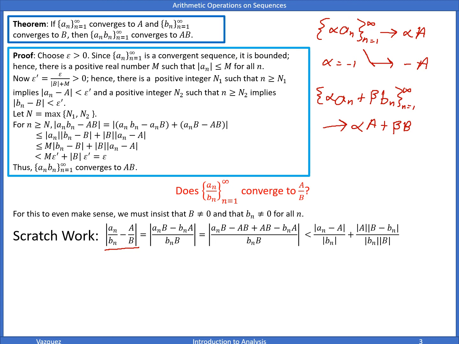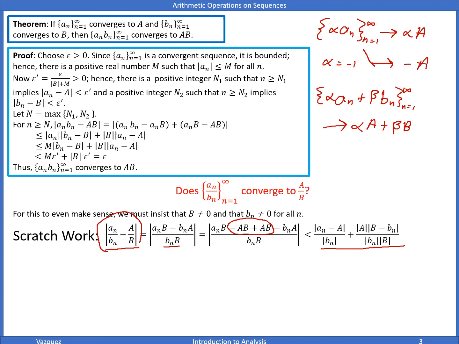Because if it were to converge, then this is what we have here. Well, what does that equal? Well, we're just going to subtract them with the same common denominator. That's equal to that. And here we're going to add 0, which we're doing here, to be a bit clever. This is less than this expression over here.